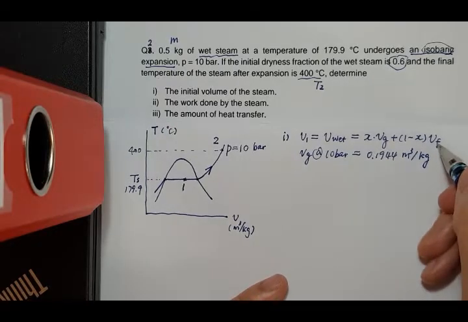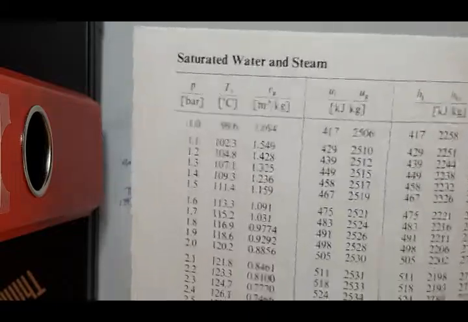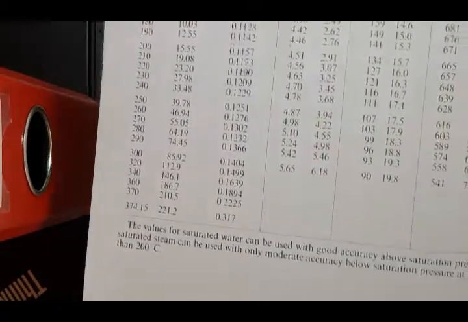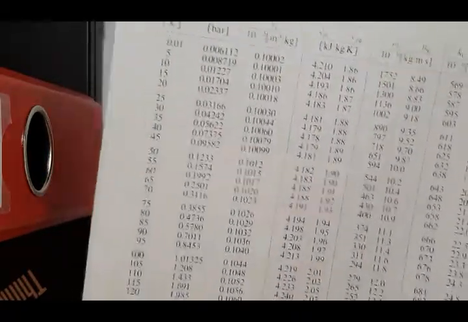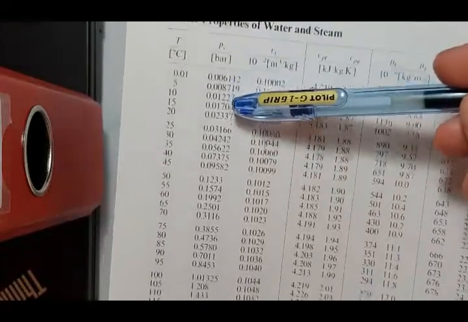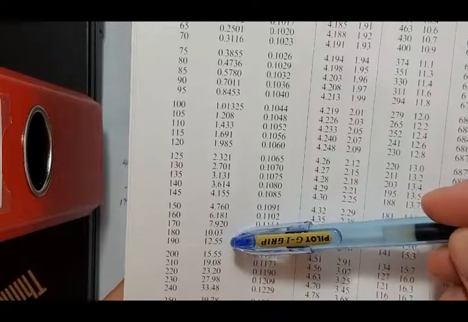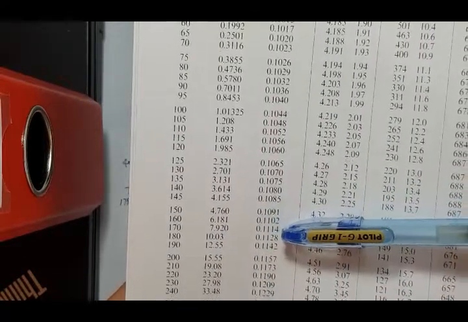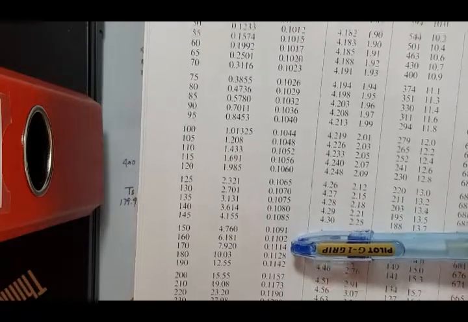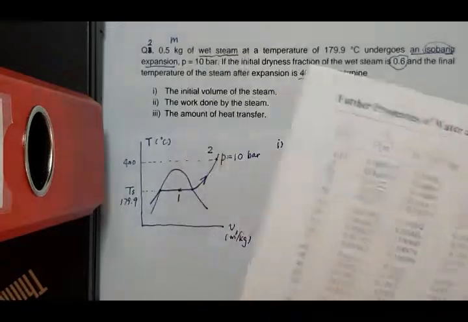And also we need to find Vf. Okay, as I said, you can't find Vf here, so you need to go to page 10. It's called the further properties of water and steam, and we use the second column, pressure. And then we find 10 bar. Okay, 10 bar is very close to 10.03 bar, so we can just use that value, which is 0.1128 times 10 to the power of minus 2.